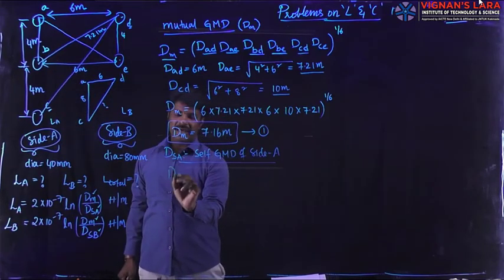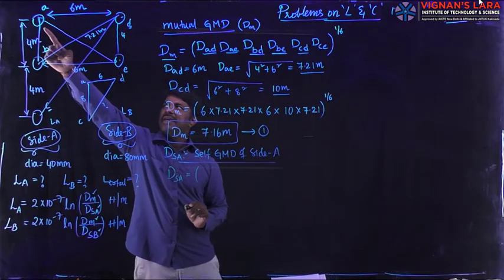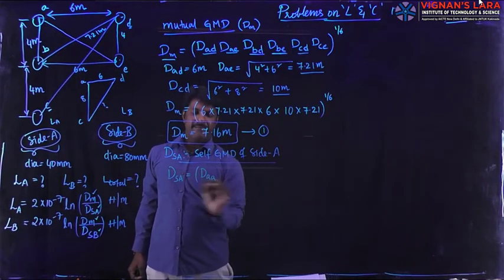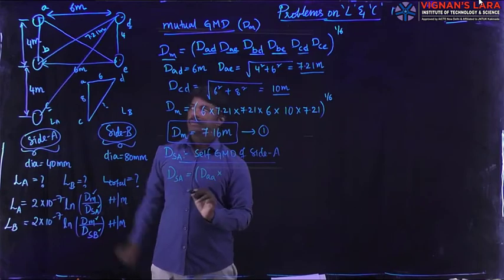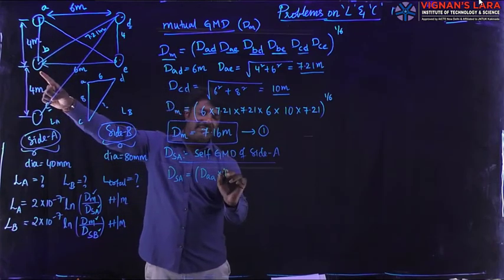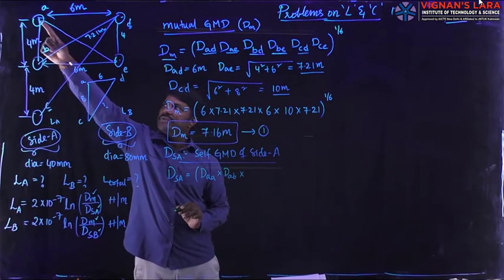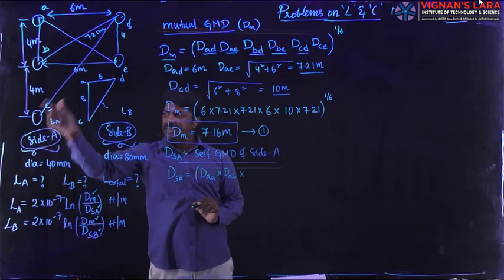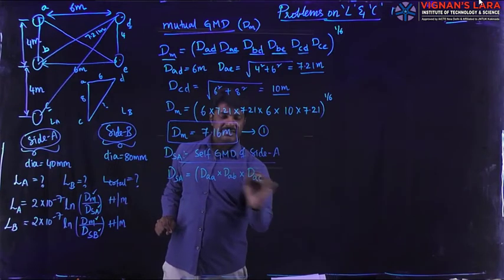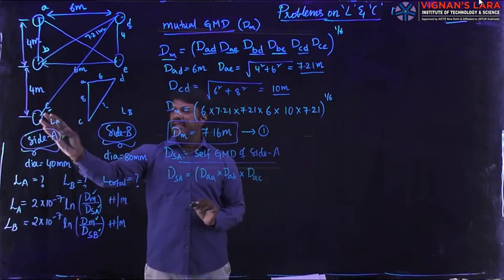We find them as DSA, which is equal to, first I start with conductor A, its own self distance called DAA, multiplied by, with respect to A, the distance of conductor B as DAB, multiplied by, with respect to the same A, another conductor within the same side, that is conductor C. Then I write that distance as DAC. So these are the 3 possible distances of side A alone.